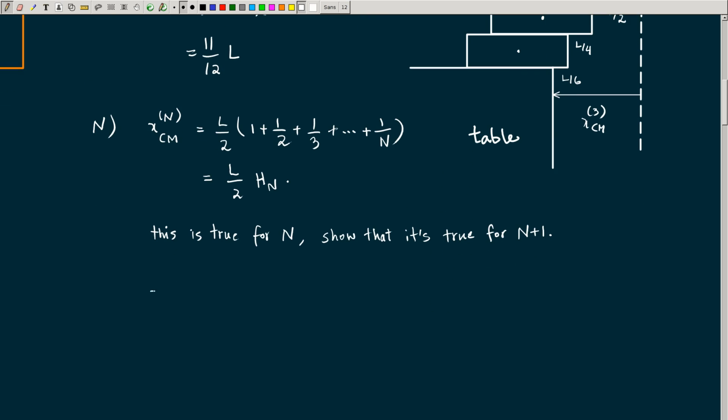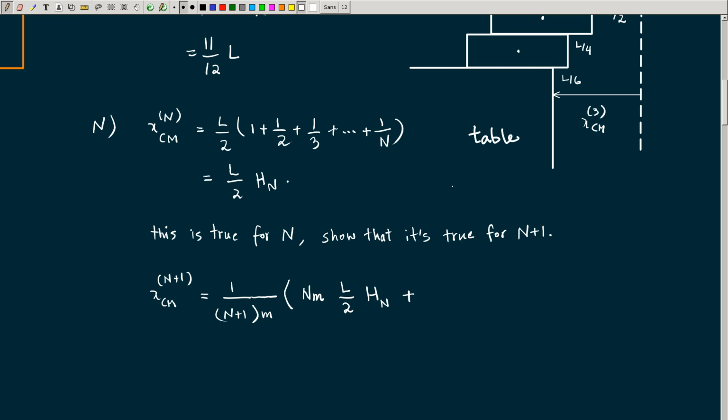So you say the xcm of n plus 1 equals 1 over total mass, which is n plus 1 times m, times, okay, the first one is we have n of these masses and they're sitting at L over 2 h n, plus the one that we're adding here.